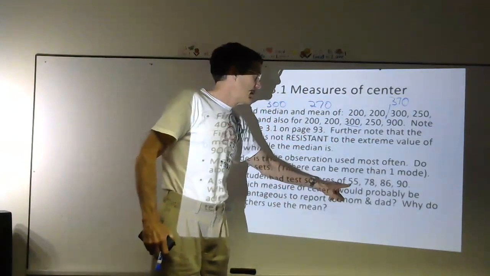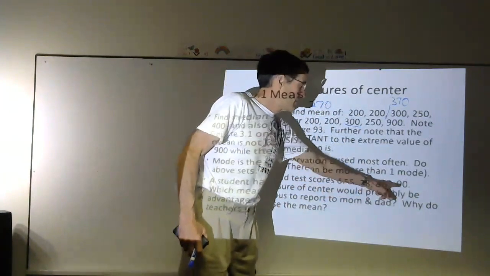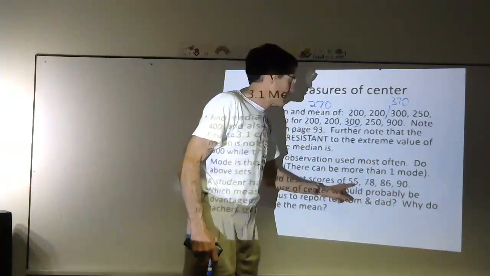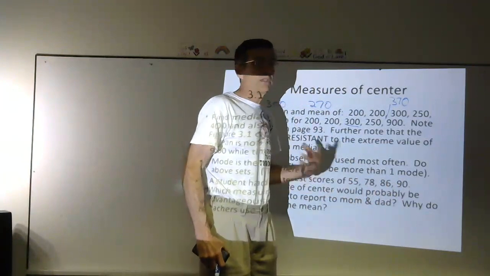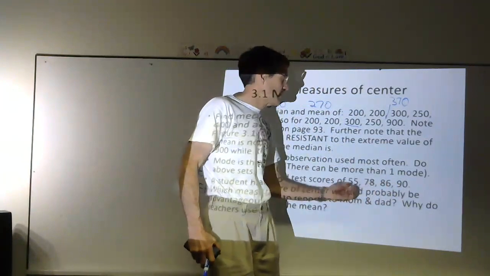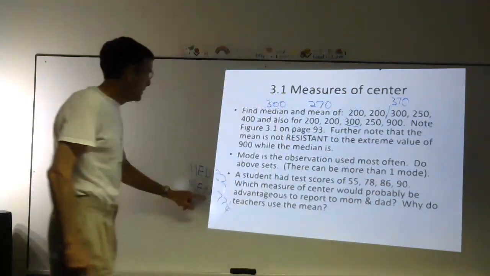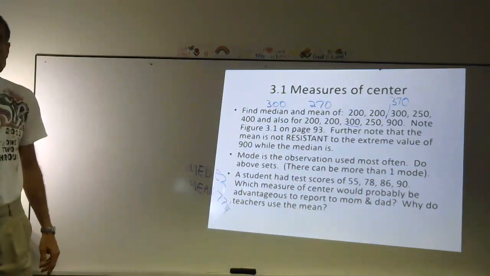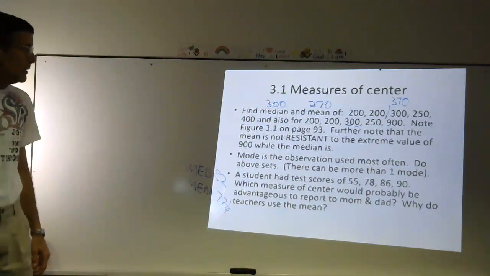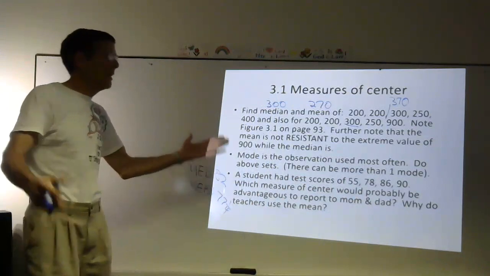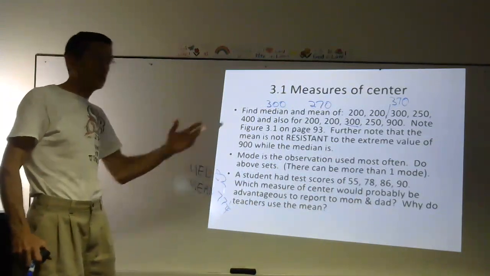But it looks to me as though these are not abnormally high. This one is abnormally low, which would tell me that the mean is probably going to be pulled toward that one, and that's what happened in this particular problem, okay? So it would be more advantageous to say, hey, mom and dad, look, I got a median score of 82.